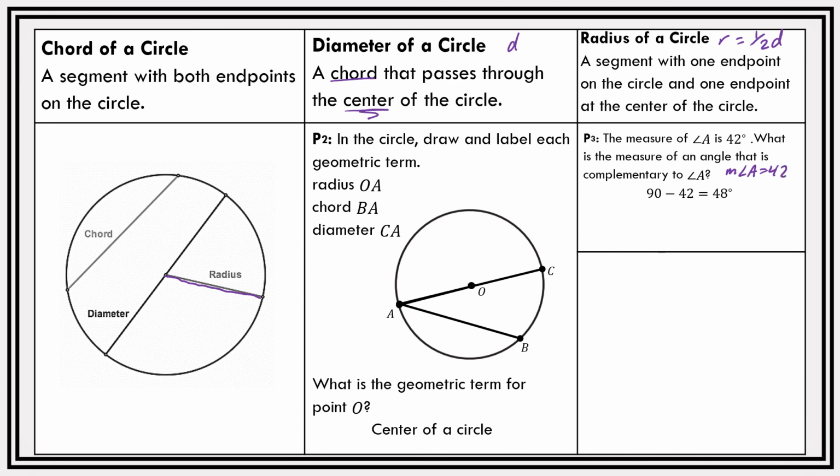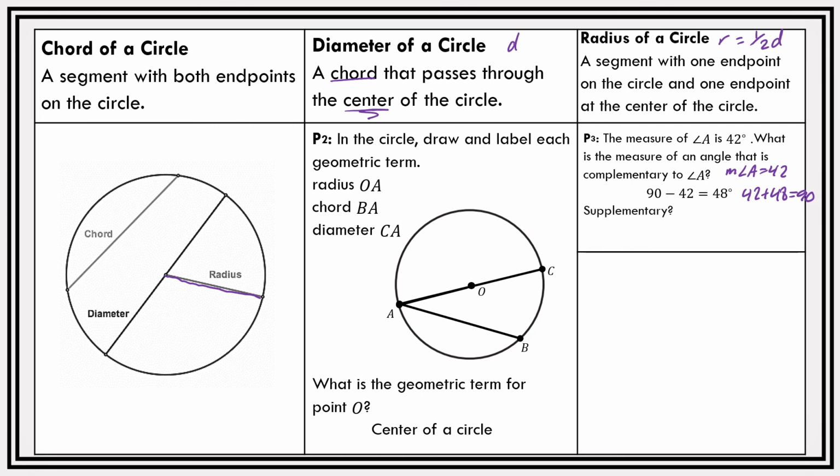I know that two angles that are complementary, that means their measures add up to 90 degrees. So if we subtract 42 from 90 degrees, I'll get an angle that is complementary to it, meaning it's 48 degrees. And to check, 42 plus 48 is equal to 90 degrees. Very good. That's what we wanted.